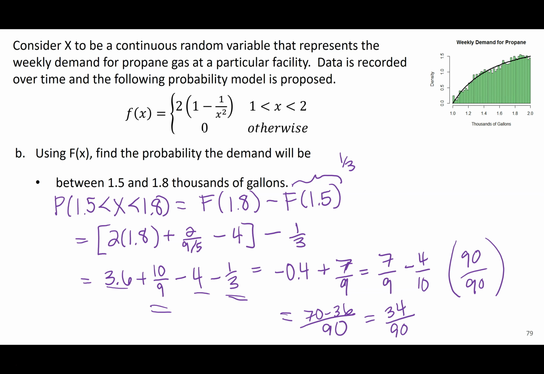That would be our exact answer. You can go ahead and put it into decimals. That's about 0.3778. So if I want to know the probability that the demand is going to be between 1.5 and 1.8 thousands of gallons in a given week at this facility, that happens about 37.8% of the time.